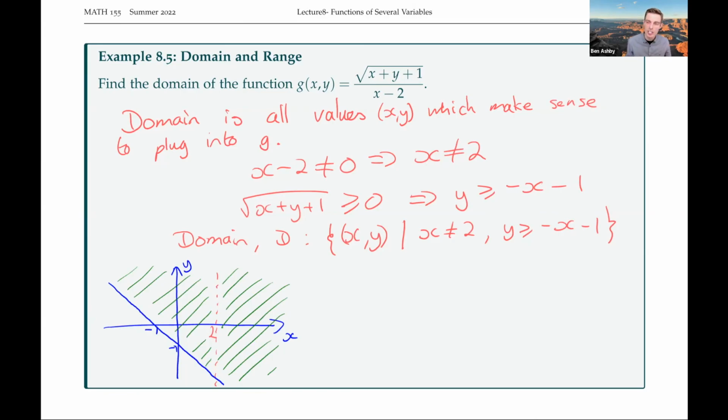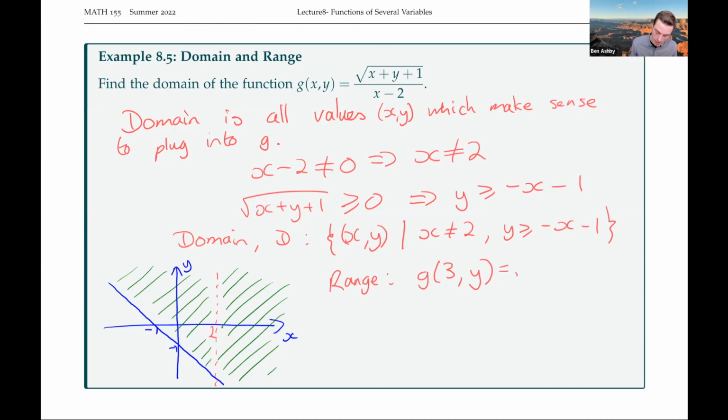And then our range. Ranges tend to be harder to work out, but we can plug certain values in to think about the types of outputs that we get. So for example, if we first of all consider what happens if we take g of 3, y, so we're going to fix a particular value of x, here 3, and we're going to vary y.